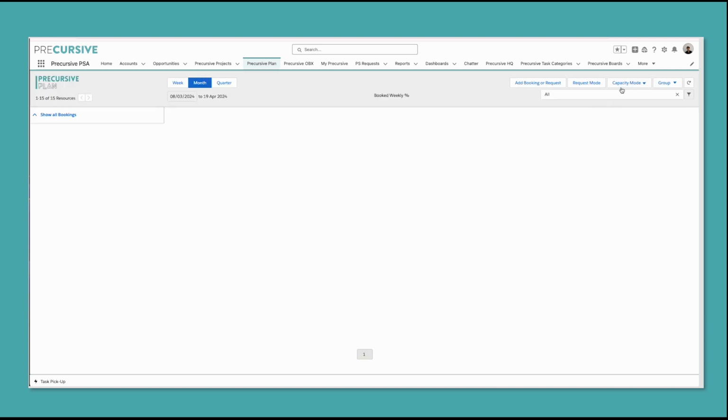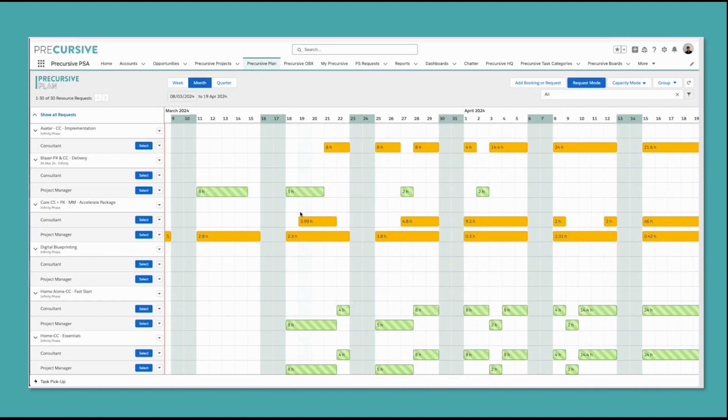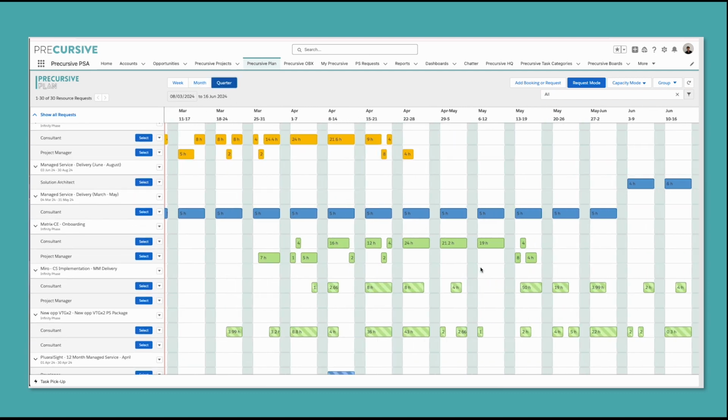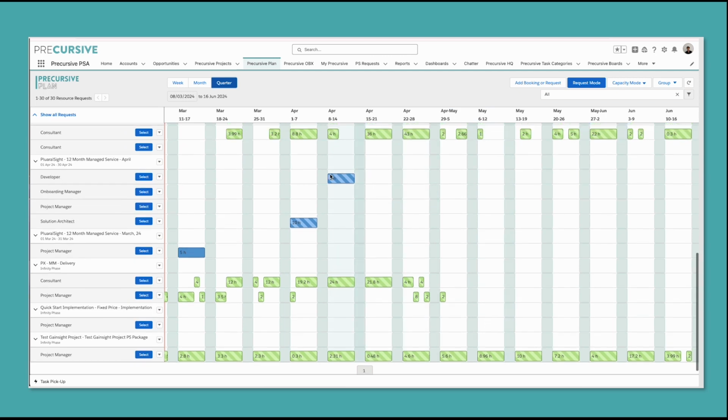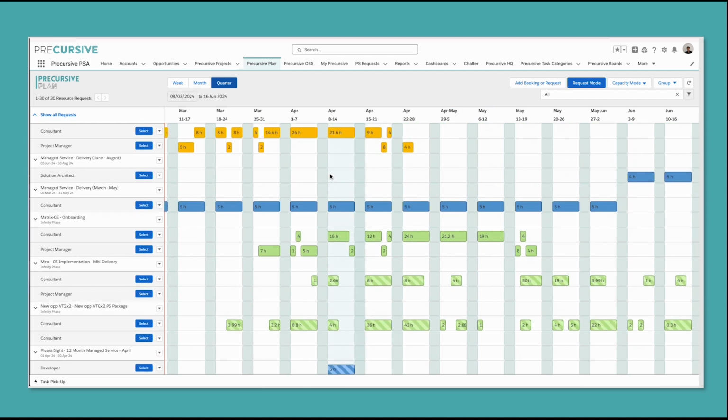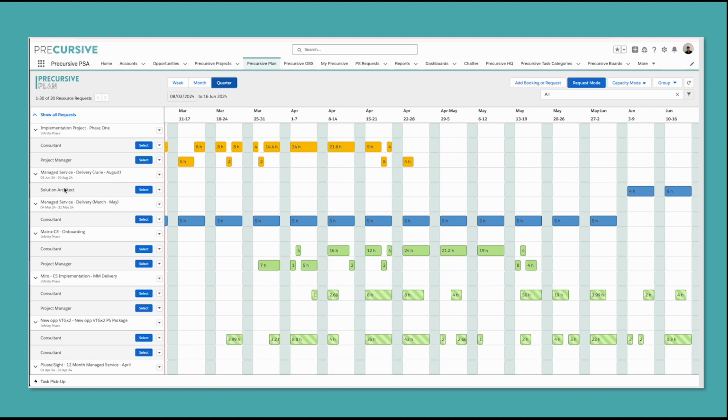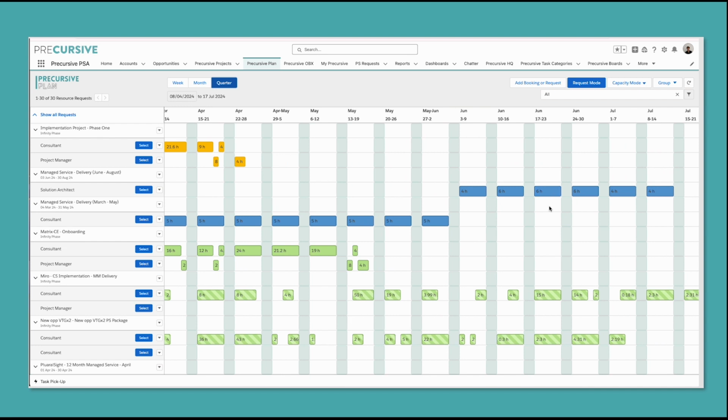Let's have a look at getting into some additional requirements. Again, we've got our different clients down the left here. Let's maybe look at something in the future. What have we got? We've got some different projects here. We've got a solution architecture project, which is actually scheduled in and confirmed, so that's coming in later on in June.